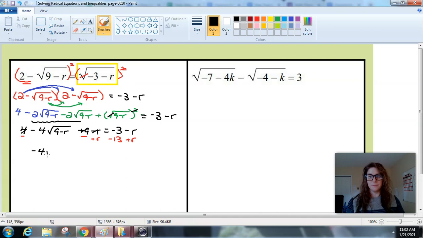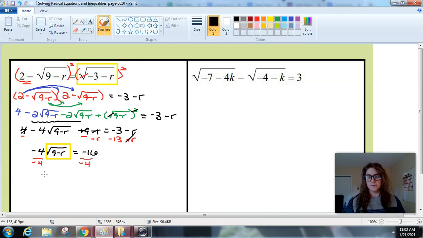I'm left with -4 times the radical equals -16. And the r's canceled out over here. Now, again, I see my radical. Now I'm down to a single one. That's great. We want to get that by itself. So we're going to divide by a -4.